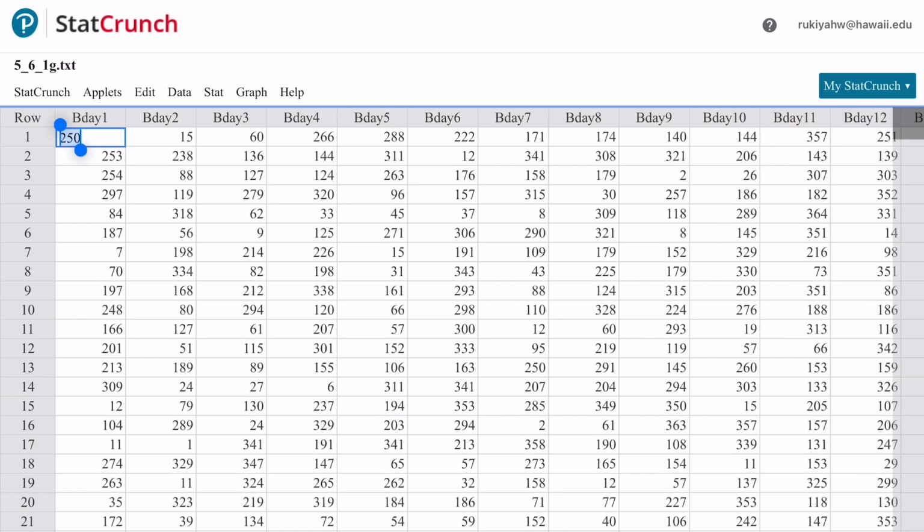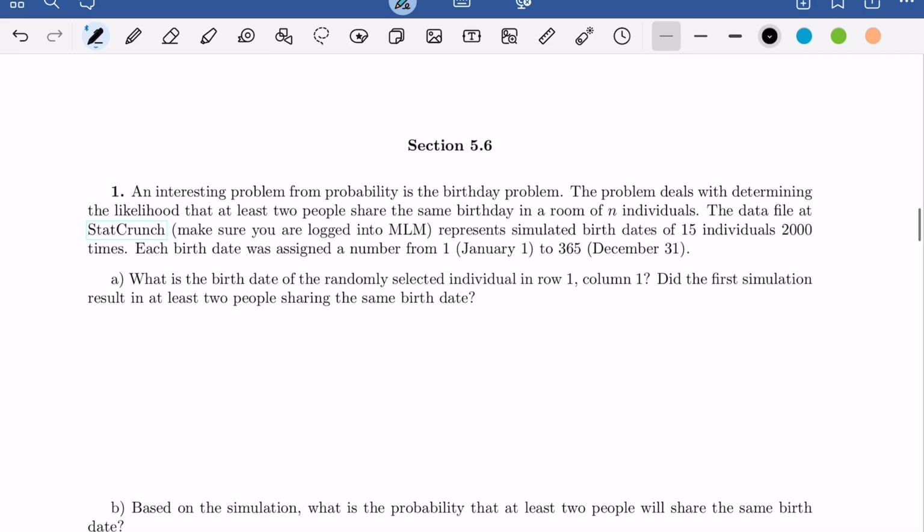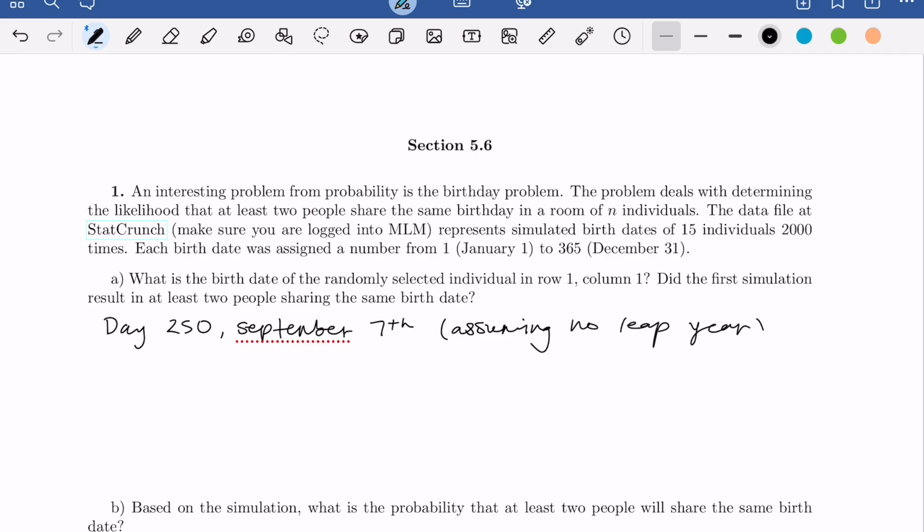So going back to our problems here, the birthday of the randomly selected individual in row 1, column 1, we saw was day 250. Now, assuming it's not a leap year, this is going to be September 7th. And then to answer the second question, the first simulation did not result in two people sharing the same birthday.